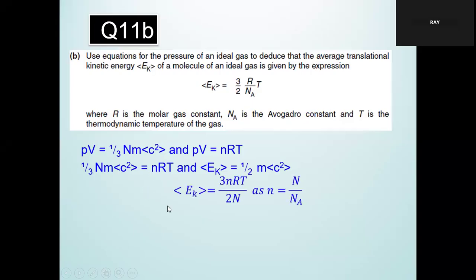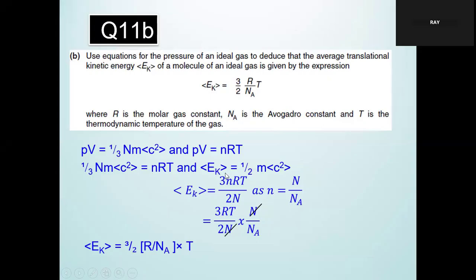So you need to replace this N with N over N_A. Then the N and N can cancel off. The 3 can transfer to the other side. And then together, kinetic energy has a half; we just put the half here, half here.